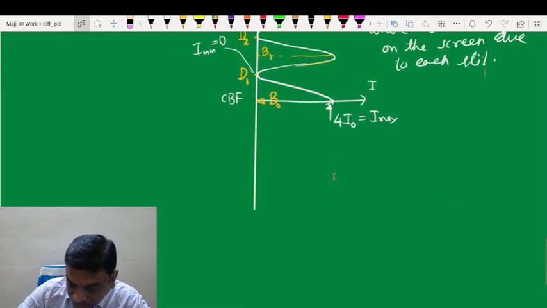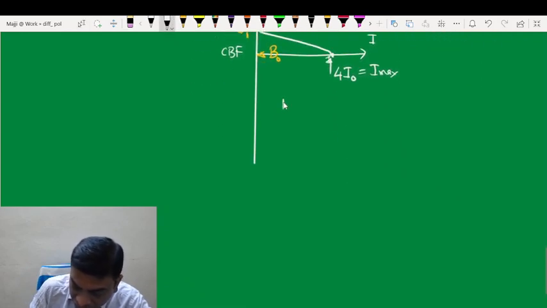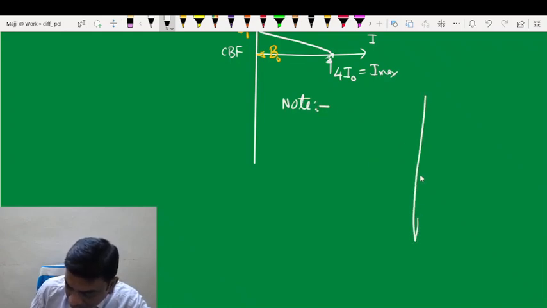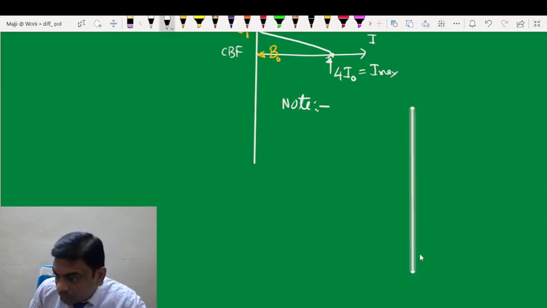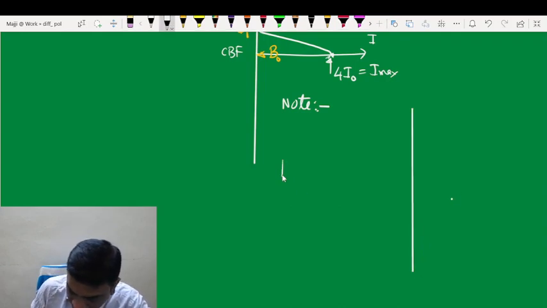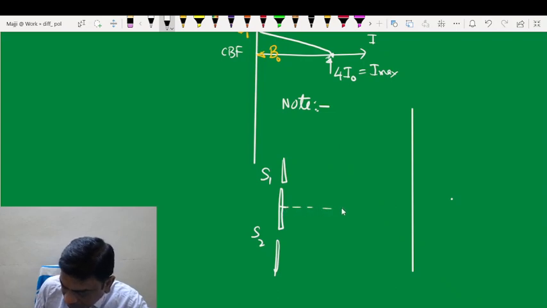Now, just as a small note, suppose this is the screen, and these are the slits. This is the central line, student.